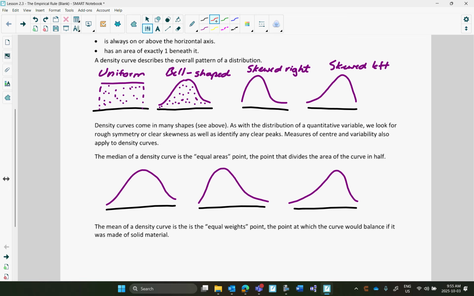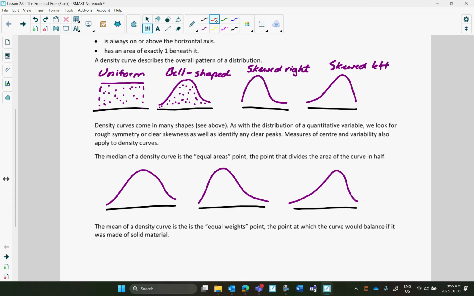Well, where is the median located in one of these density curves? It's the vertical line that would split the section underneath into two equal areas.